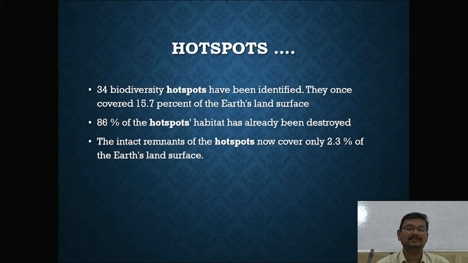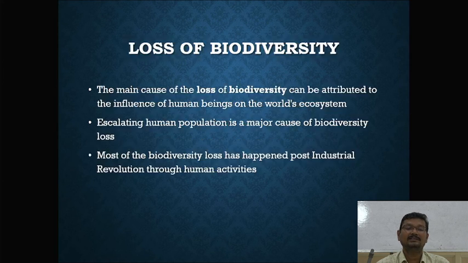They cover 15.7% of the Earth's land surface. 86% of the hotspots' habitat has already been destroyed. The intact remnants of the hotspots cover only 2.3% of the Earth's land surface.